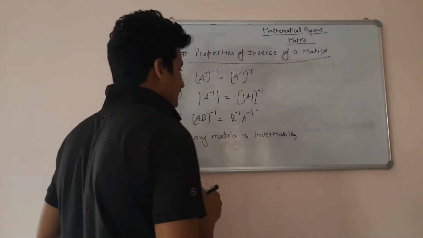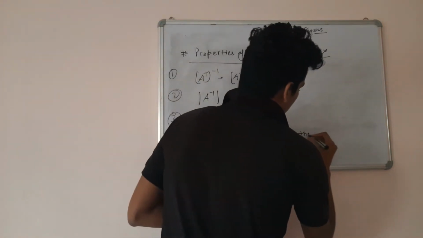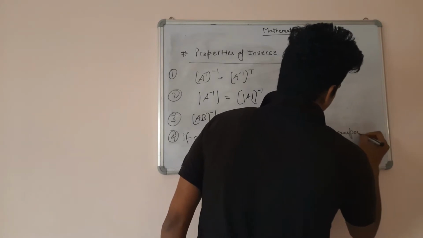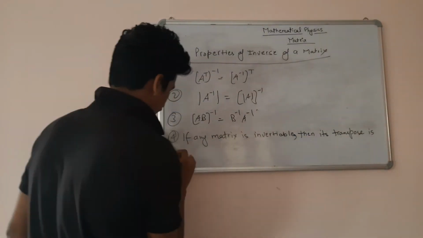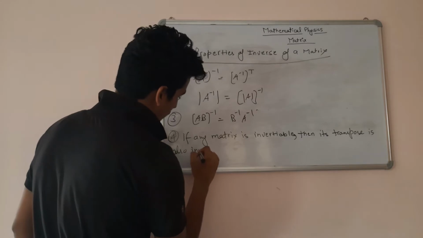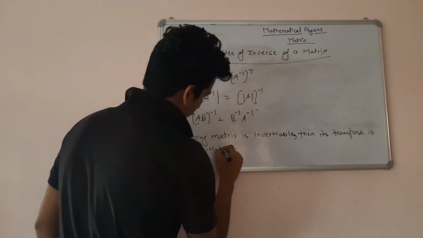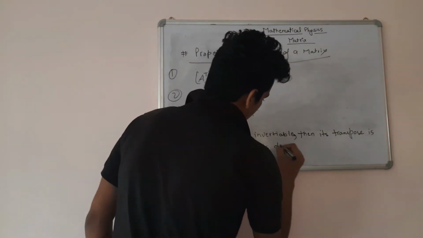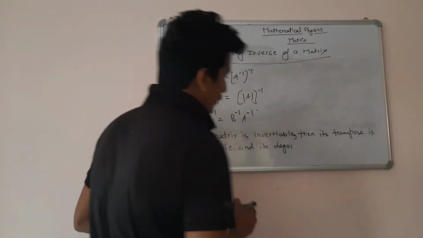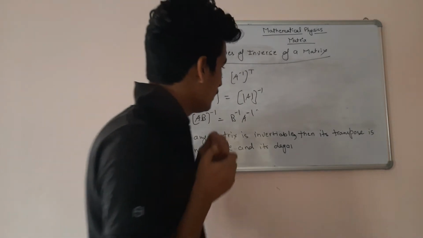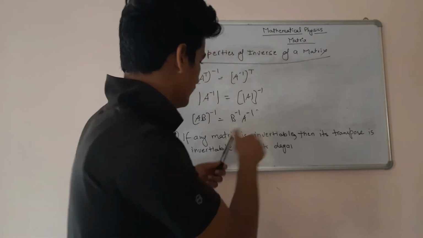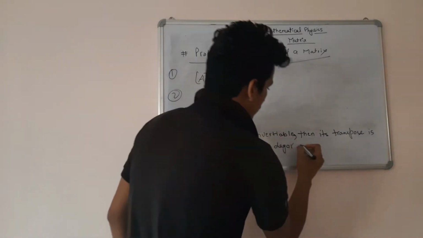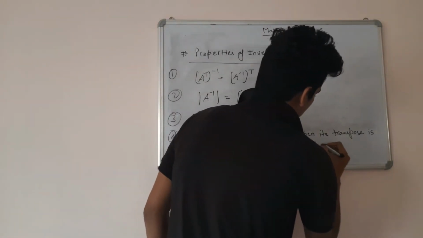So if any matrix is invertible, then its transpose is also invertible, and its dagger. You don't know about the dagger till now. In the next section we will discuss this dagger. And this dagger is also invertible.